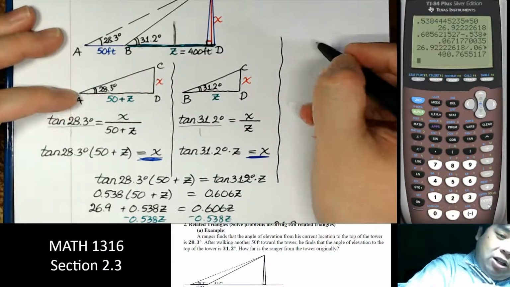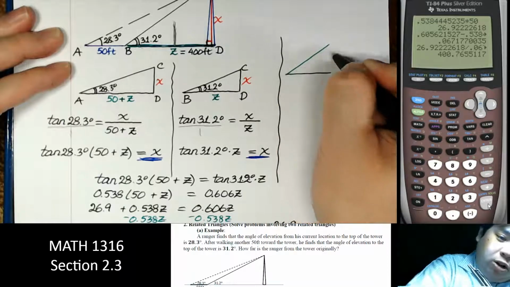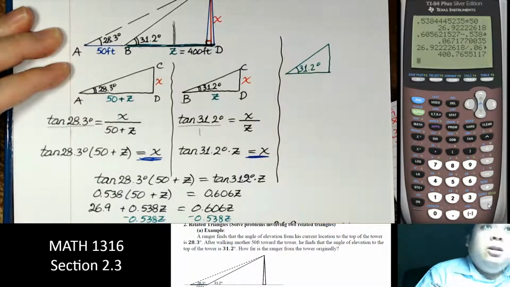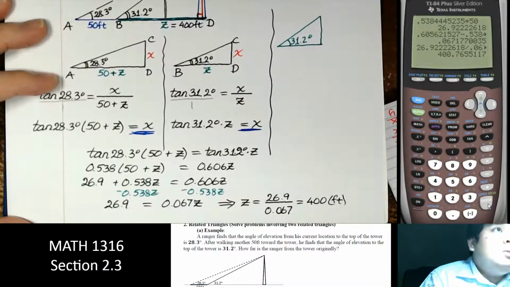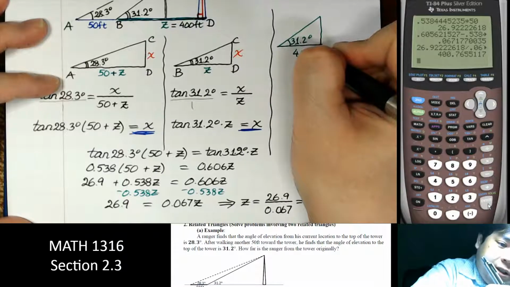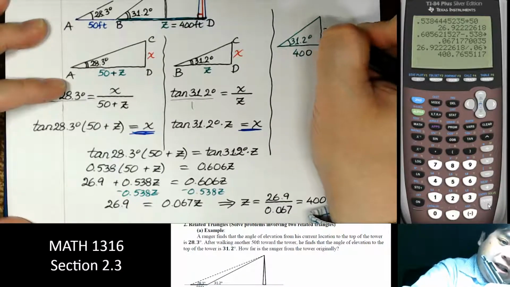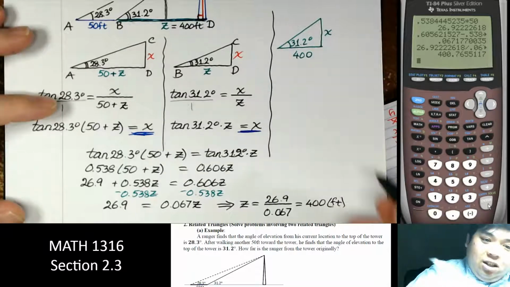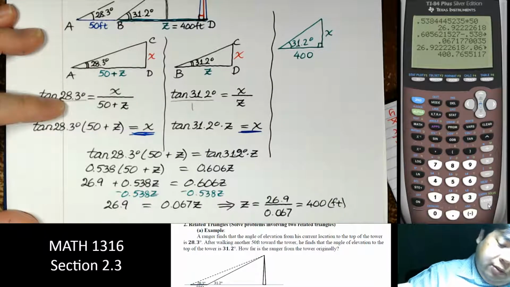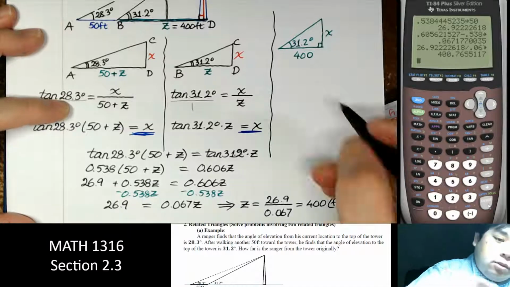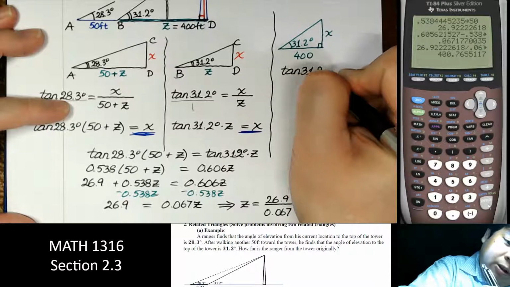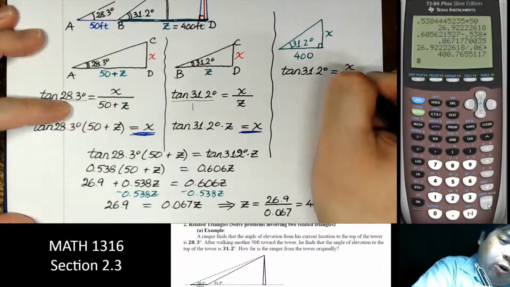So now we go back and let's draw this triangle one more time. 31.2 degrees. We have 400. And then x. Now we can find x easily. Tangent of 31.2 equal to x over 400.